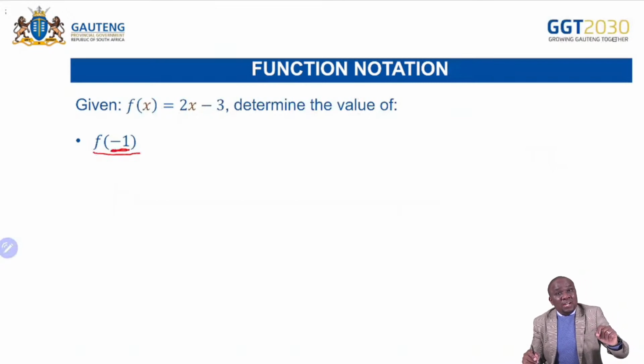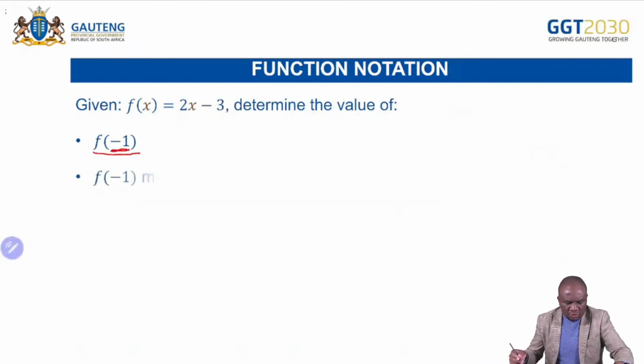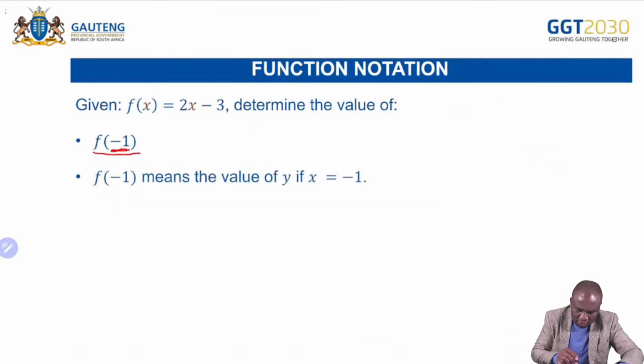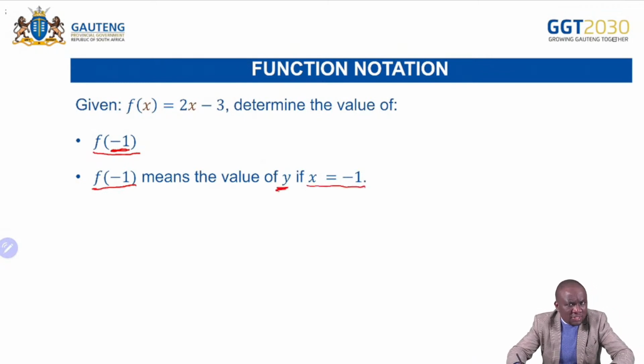So negative 1 is the input value. Where there's x, we put negative 1 to get the output value. So f of negative 1 means the value of y if x is negative 1. If x is negative 1, what is the value of y?